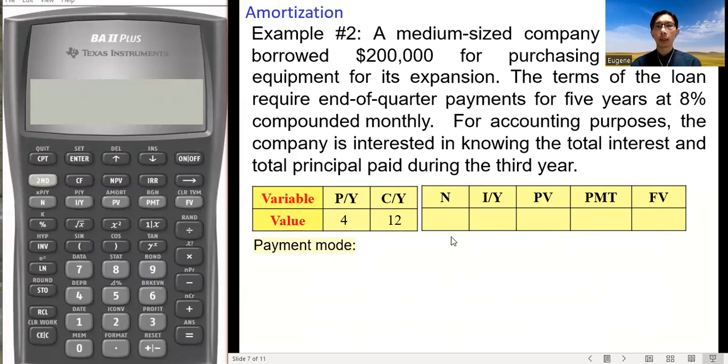And the total number of payments, 20: quarterly payments for 5 years, 5 times 4 is 20. IY is 8. PV, 200,000. We need to compute the PMT, and FV is 0. Payment mode, end.